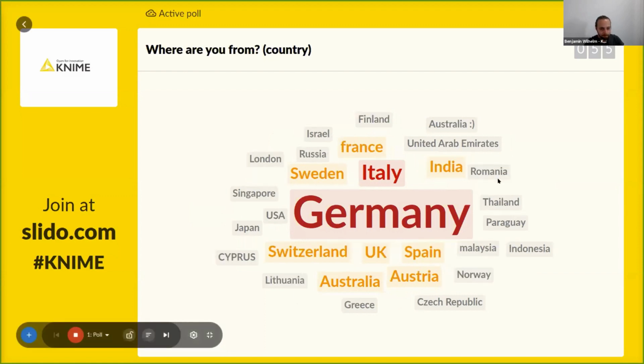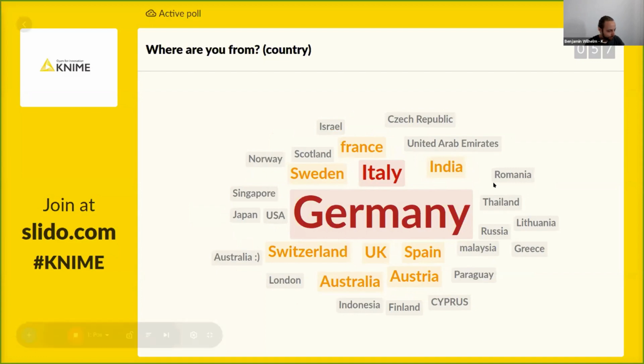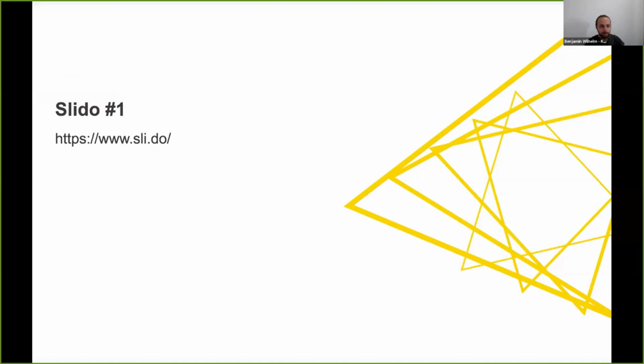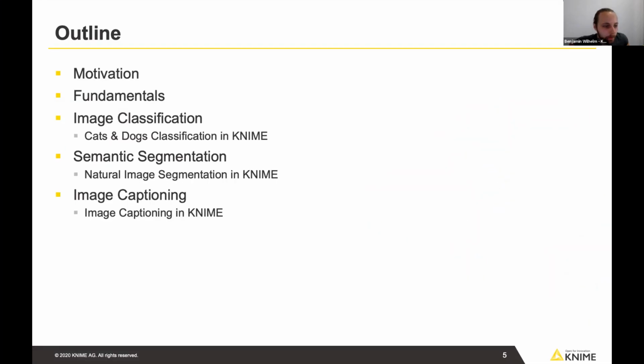So let's continue with the workshop. The outline of the workshop is as follows. First, I will give you some motivation for why to use deep learning for image analysis. After that, we will talk about some fundamentals of neural networks and deep learning.